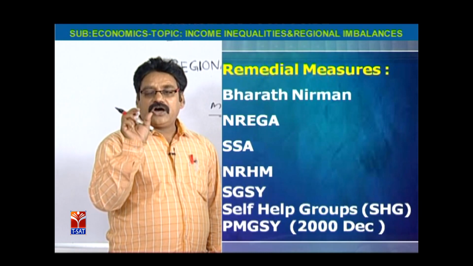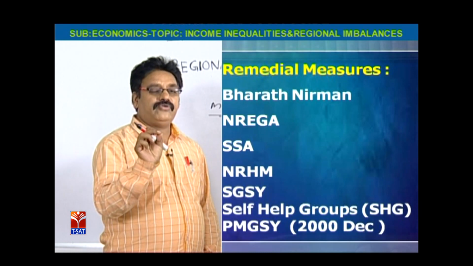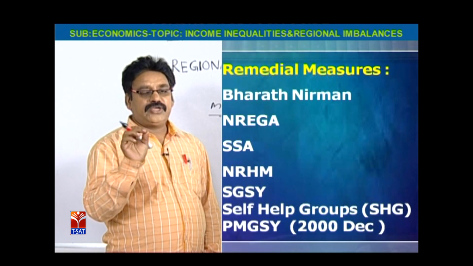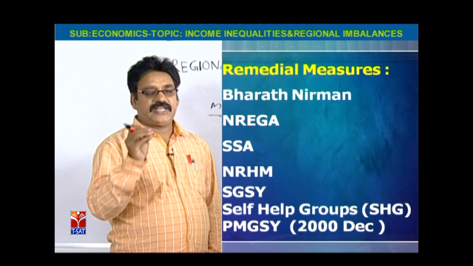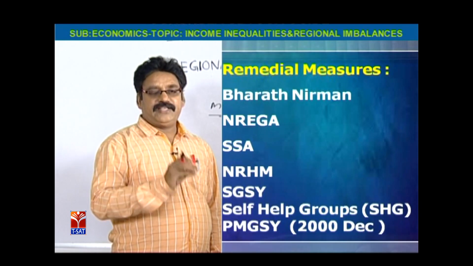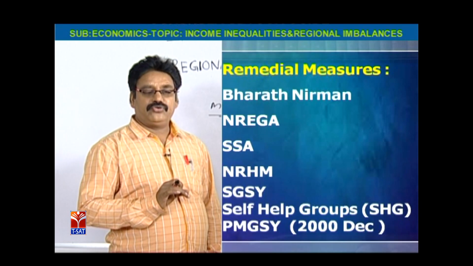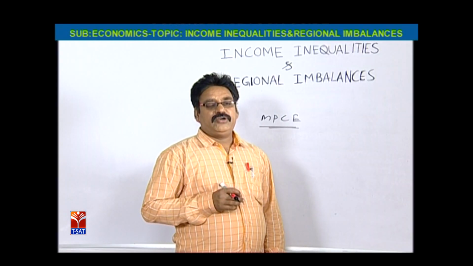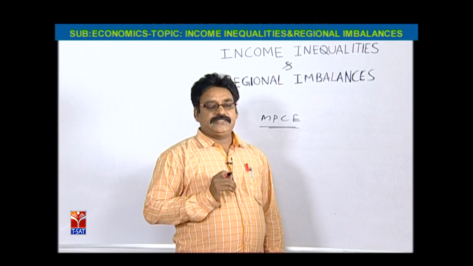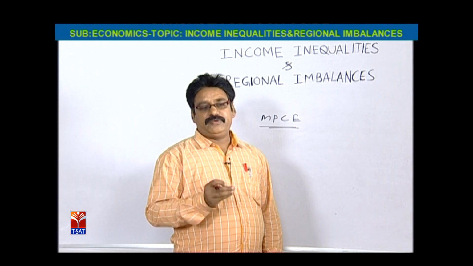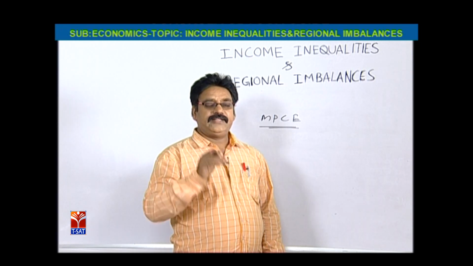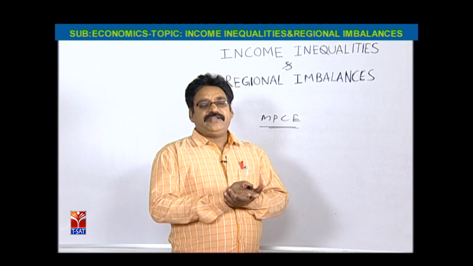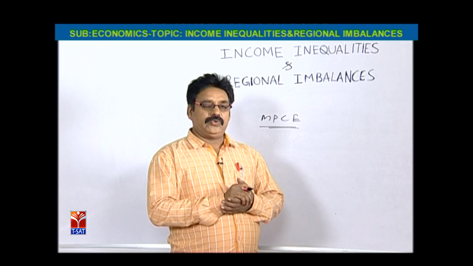By providing all these facilities under one program, Bharat Nirman, that same facility which is available in the urban areas should be available to the rural people. It is undertaken by the government to provide employment opportunities and uplift the income level of rural poor people, so that they can reduce the divide between urban and rural.